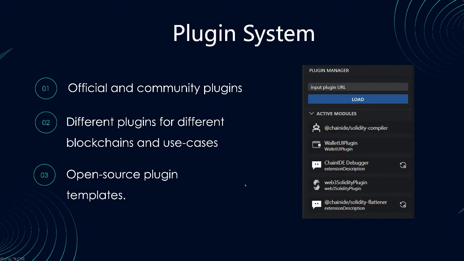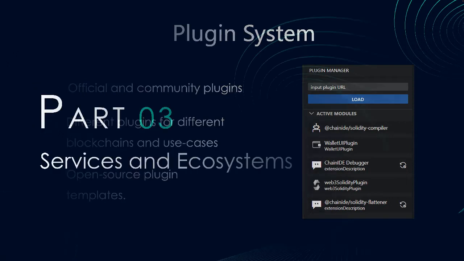The open source plugin templates are available on the Whitematrix GitHub. We very much welcome the community to contribute, and there are already multiple projects that have contributed some plugins there. All right, so that's the second part.